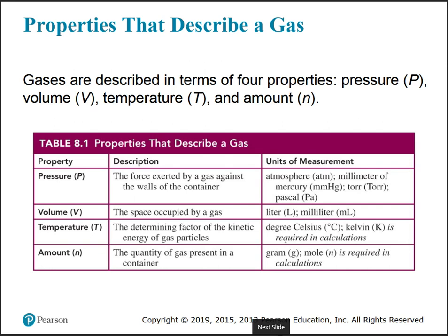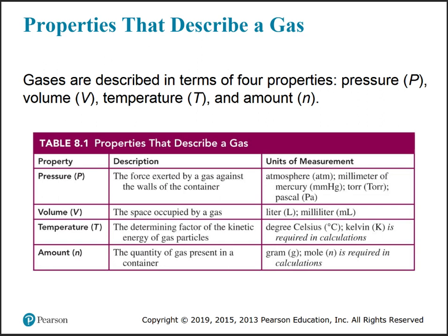So there are 4 different properties that we're going to talk about with gases: pressure, volume, temperature, and the amount. You see this table here, there's the definition of each of these. For pressure, you have gas in a container. That gas is exerting force on the walls of the container.